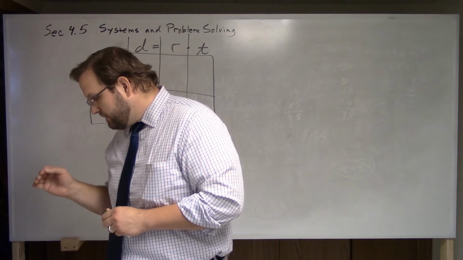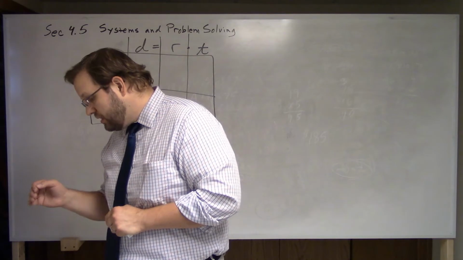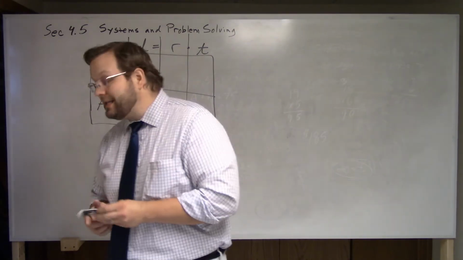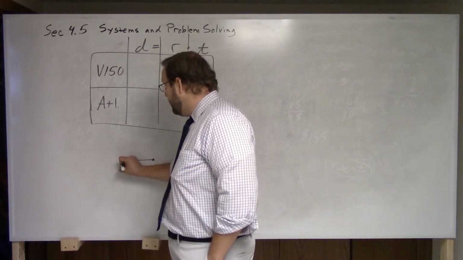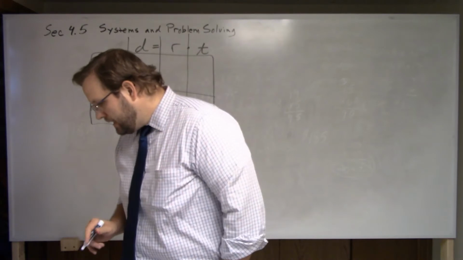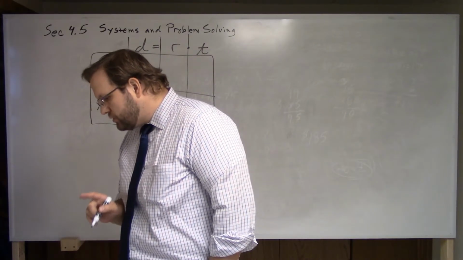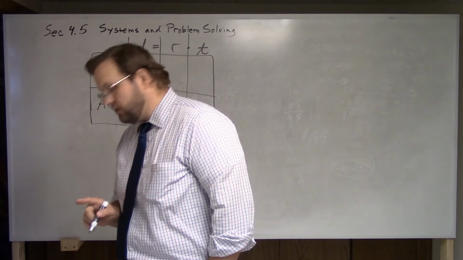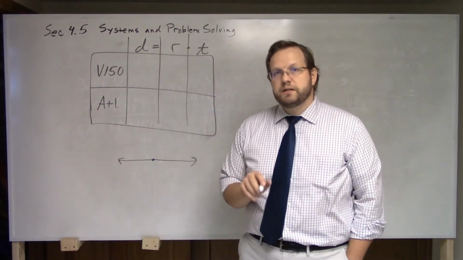It says, assume the V150 and the Atlantique left the same station in Paris, one heading west and one heading east. So what we have is a starting point, one going west, one going east. Now, after 2 hours, they were 2,150 kilometers apart.